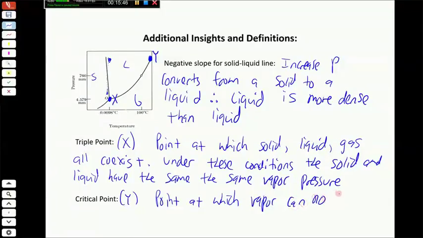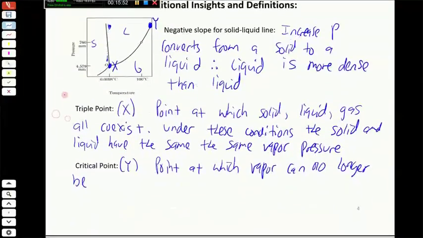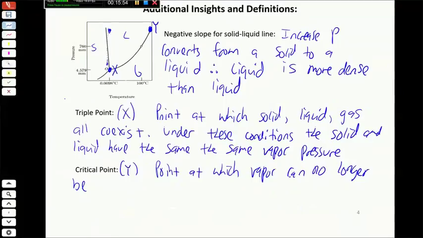Or another way to think about this is once you go beyond that point in temperature and pressure, you no longer are able to distinguish liquid and gas phases. You can no longer convert between liquid and gas. You just have one phase present beyond that. So beyond this point, we don't have separate gas and liquid phases. We have what's called a supercritical fluid.